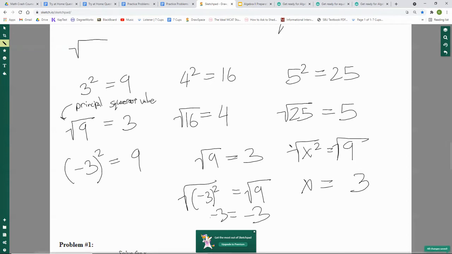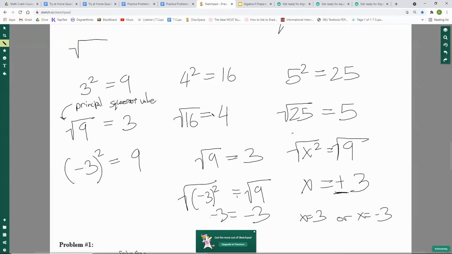But when you introduce this radical on your own, you can't just say it's the principal value or whatever. You have to be aware that the square root of 9 here can also equal the negative version. So that's where we get it can be plus or it can be minus. So x can either equal 3 or x equals -3. And this is signified by the plus or minus sign that we can put ahead of this.